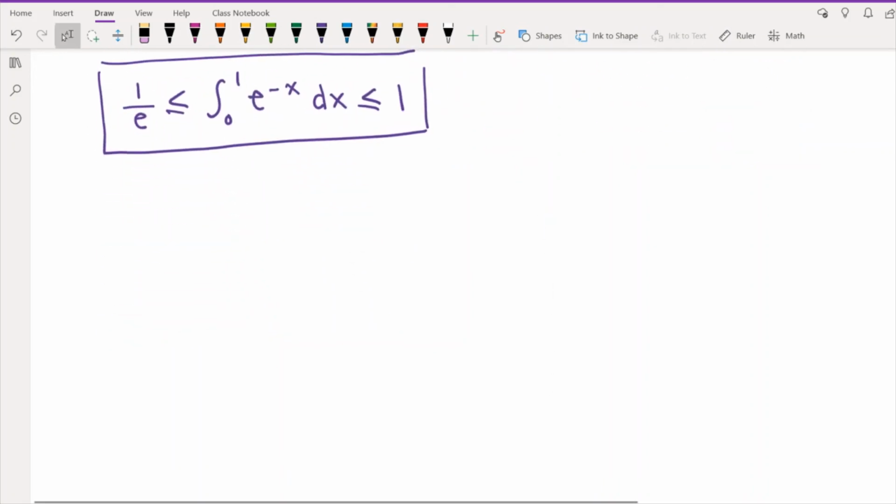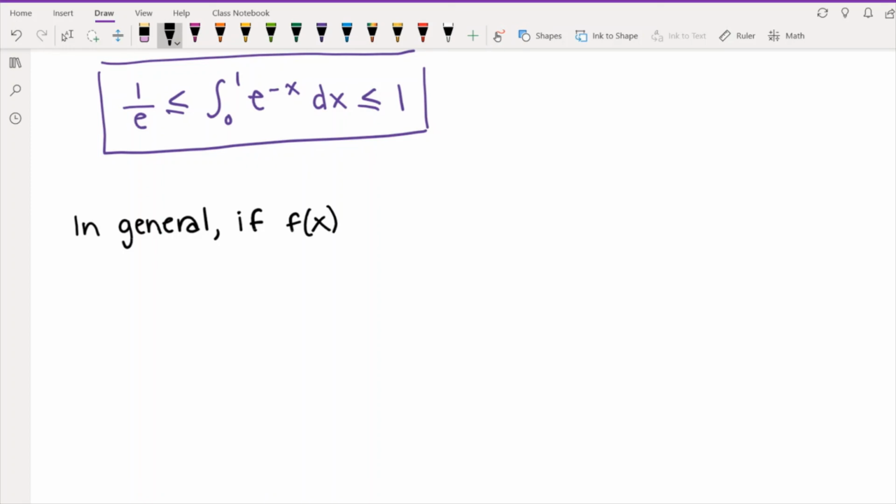Okay, so let's try to summarize in general what's going on here. So if you have two numbers, I'm going to use little m to represent the lower value and big M to represent the upper value. So basically this is just saying if your function always lies between two numbers, and when we're talking about these two numbers, we're talking about y values, right?